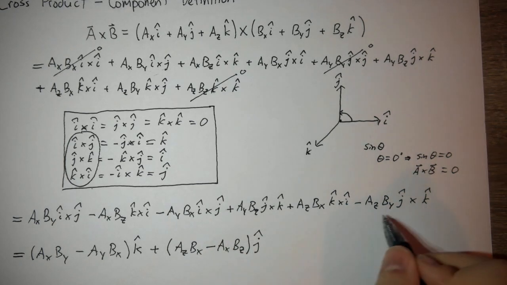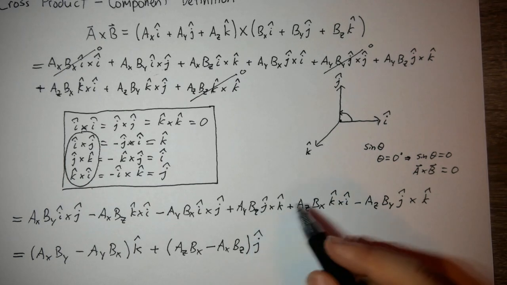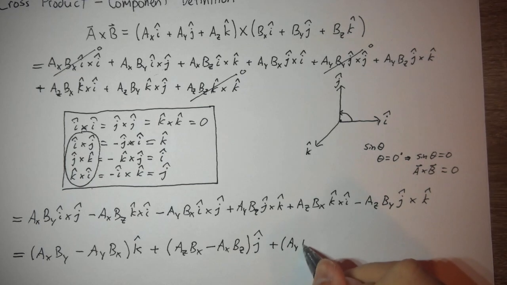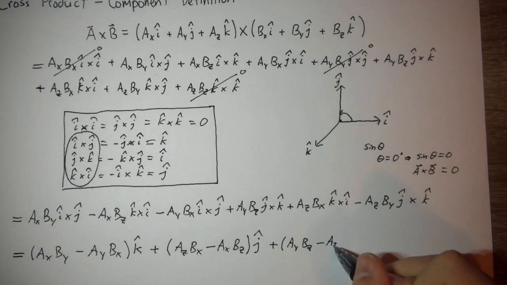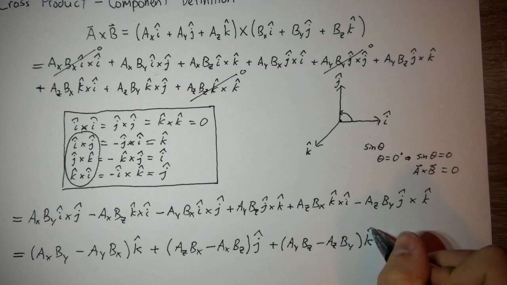And then finally we have our last term, which is j cross k. So we have plus AYBZ minus AZBY. That's i.